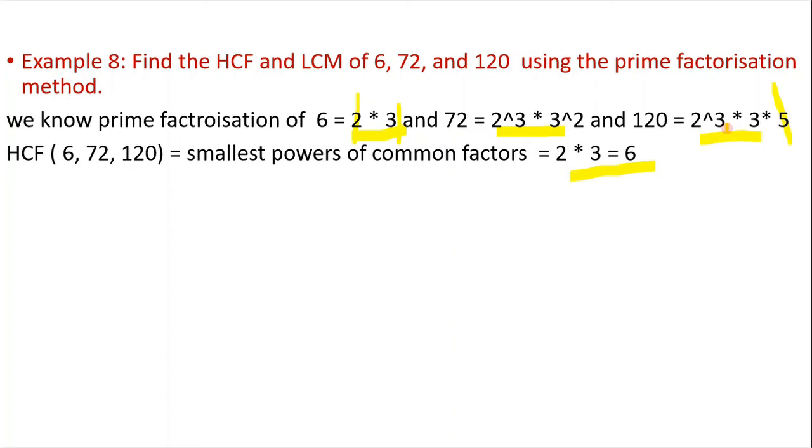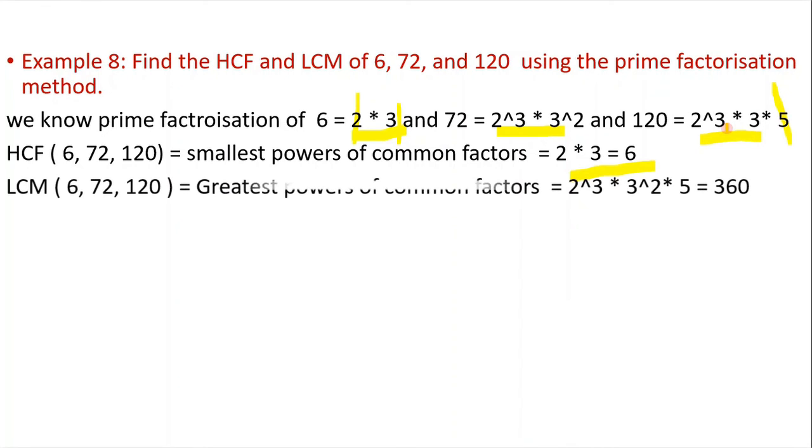So now, LCM always deals with the product of the greater powers of the prime factors available in all the three numbers. So the LCM of 6, 72, 120 is equal to 2 power 3 into 3 power 2 into 5, that is equal to 360. Okay.